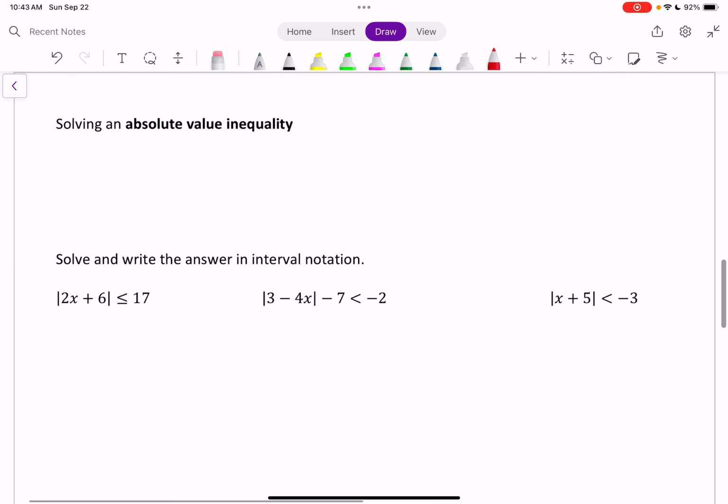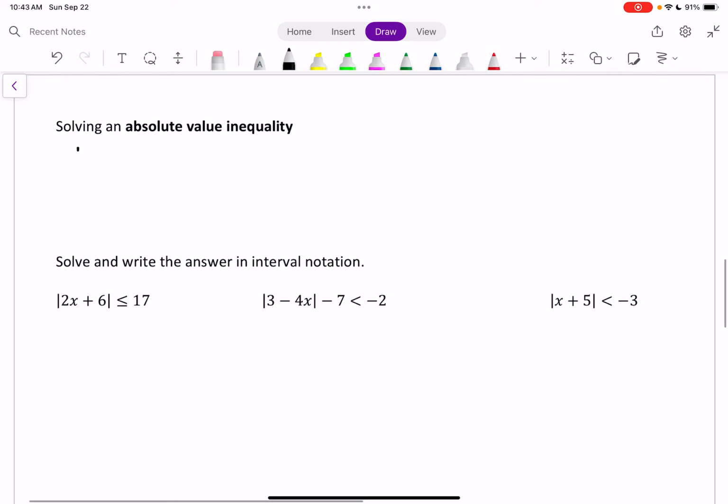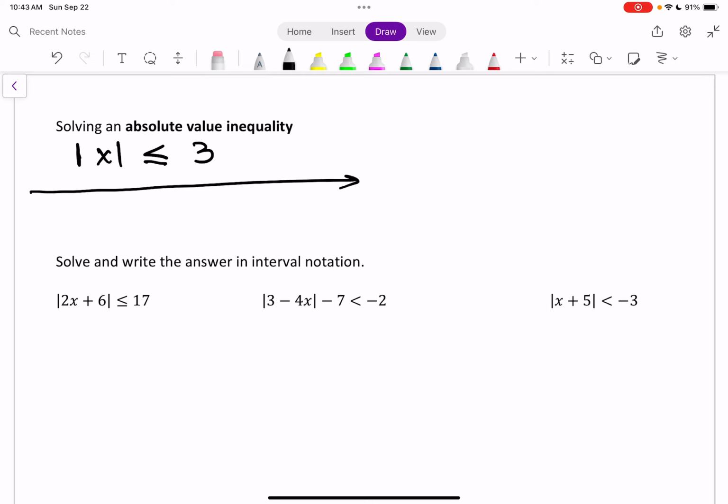Okay, solving an absolute value inequality. We do have two choices. Either we say the absolute value of x is less than or equal to some number, let's say 3, which means what? Less than or equal to 3, that means I'm looking for all the x values that are less than 3 units away.